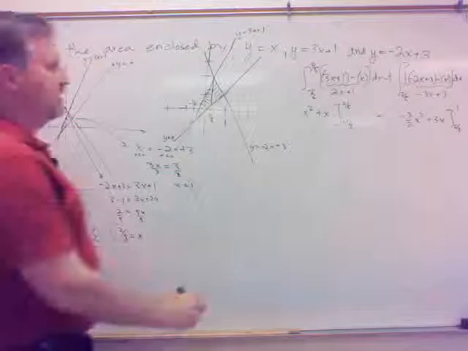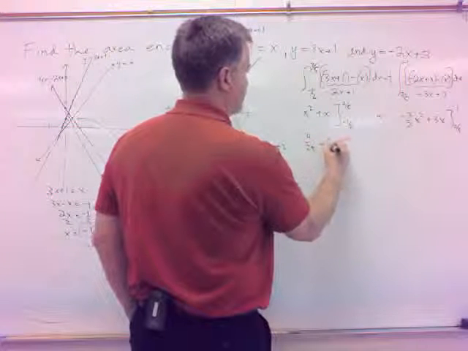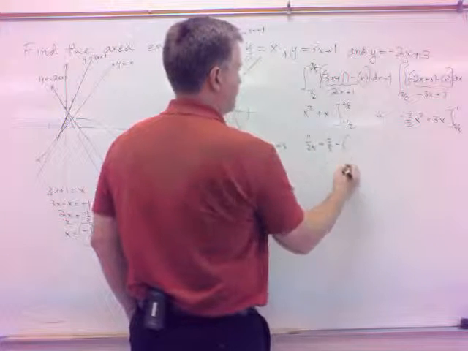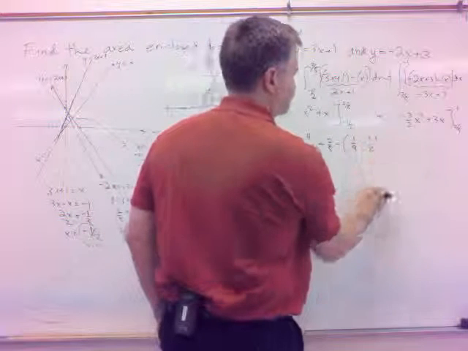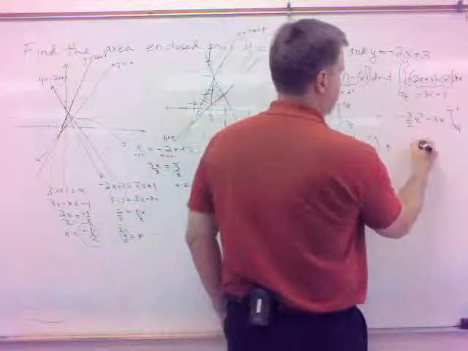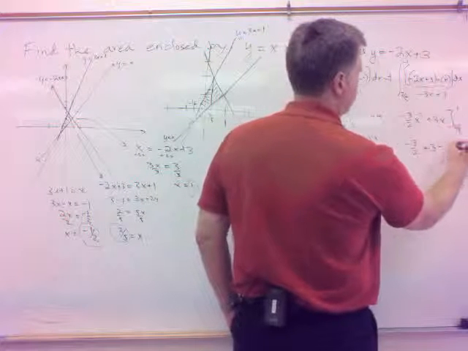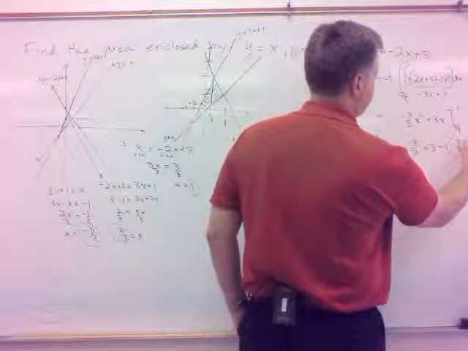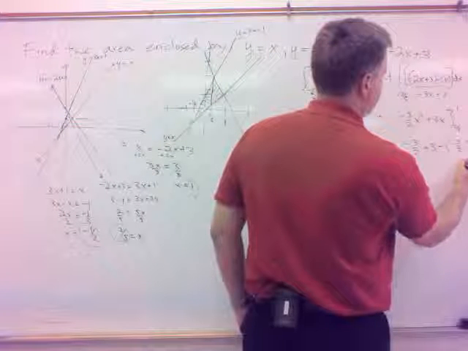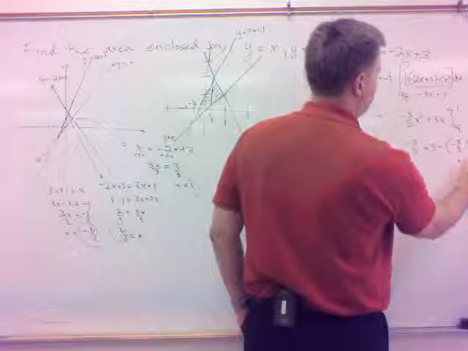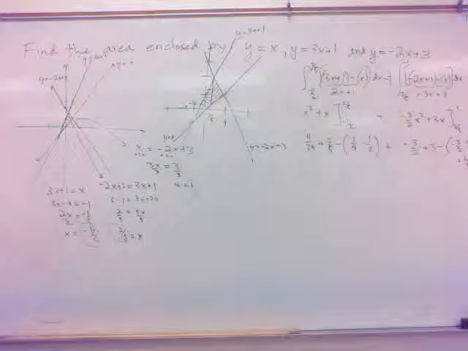So I'm getting 2/5 squared, which would be 4/25, plus 2/5, minus negative 1/2 squared, which is positive 1/4, minus a half. Over here, plug in the 1, you have negative 3/2 plus 3, minus, plug in 2/5, you have negative 3/2 times 4/25, and then plus 6/5. Something like that.